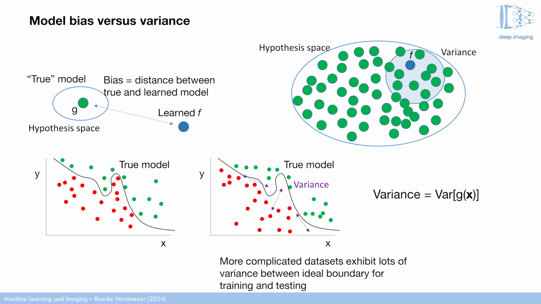There are fewer possible linear models that can separate the green and red dots. Whereas if I let it be all 10th order polynomials, this will get large because there are lots of possible 10th order polynomials that I can draw with little wiggles in there that'll separate the red and green dots. Which one is the best? I don't know. That's the problem with having too complicated a model. You're allowing the variance of all possible models that can work to get larger. And so that's not great either.